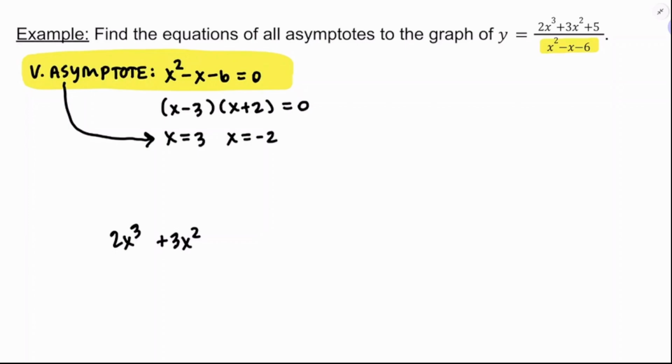There's no x to the first power. So when we're doing long division, we do need to put a placeholder 0 there so we don't forget and slip up and lose place value. So plus 5. And we're dividing by x squared minus x minus 6.